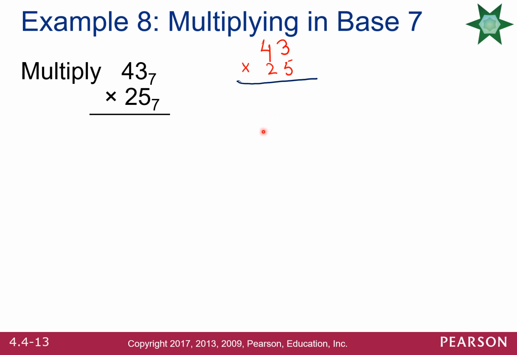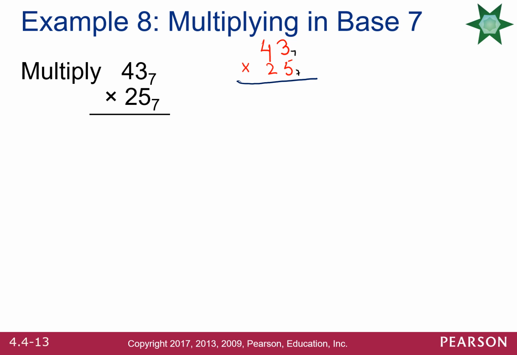And at the end, we are going to add the two rows that we get after multiplying by 5 and then by 2, and then we will perform the addition to get the final answer. And let me just indicate that these are all in 7s, multiples of 7s.